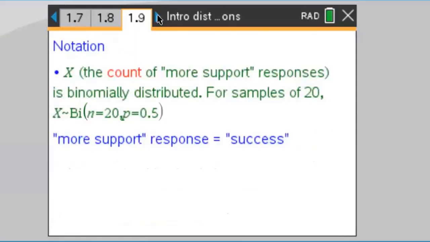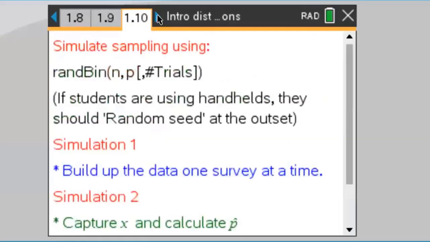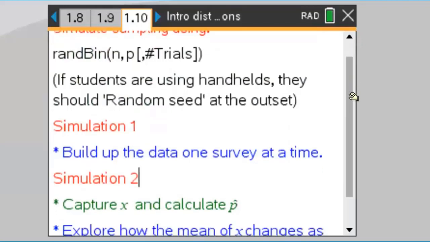Okay, so the number of successes is binomially distributed with n equal 20 and p equal to 0.5. So the syntax we use is random binomial, n, p, the number of trials. Of course, if students are doing this on their handhelds, they should also do a random seed to make sure that they don't all get the same results. Unless you want them all to get the same results, in which case you put the same seed number.